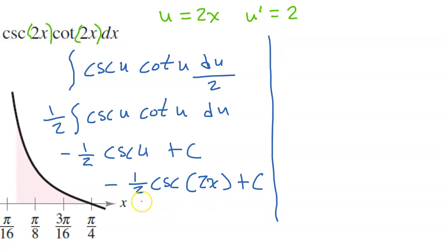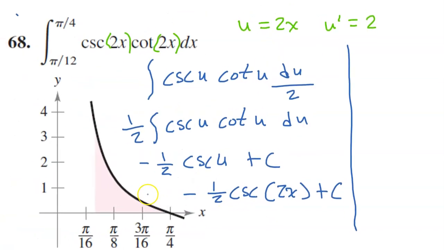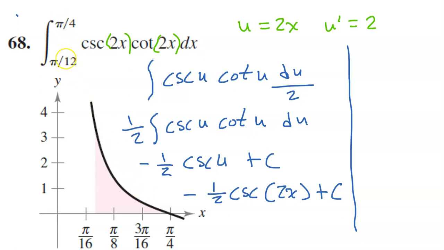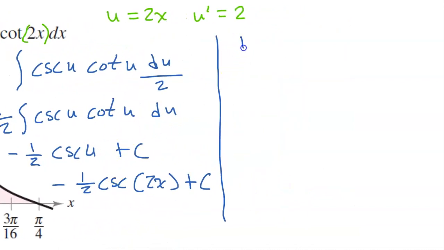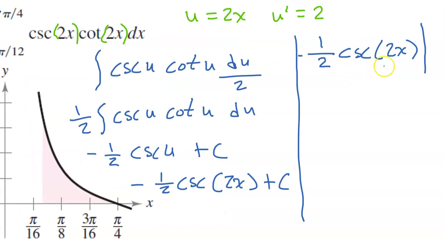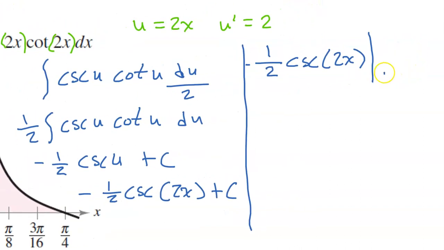So that is the indefinite integral, but let's remember that we are actually evaluating the definite integral from pi over 12 to pi over 4. So let's get the limits of integration back in here. So we have negative 1/2 cosecant of 2x evaluated from pi over 12 to pi over 4.